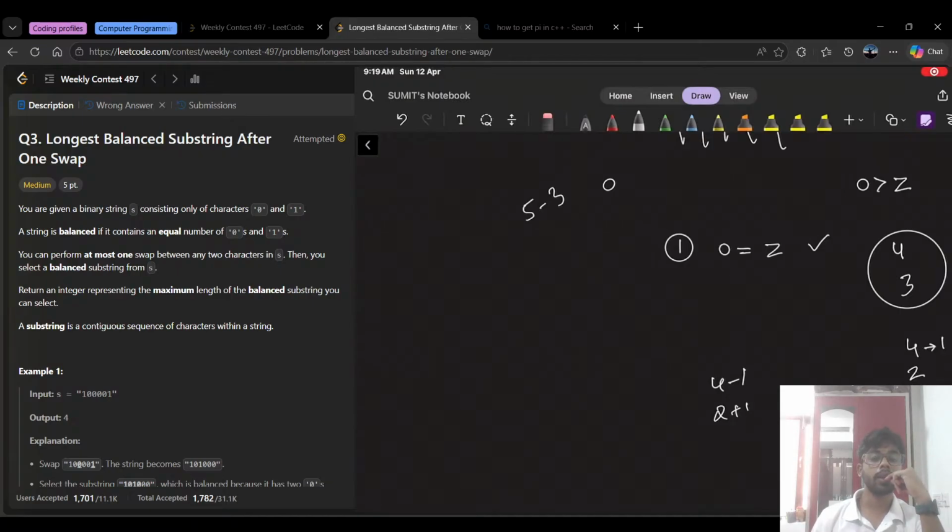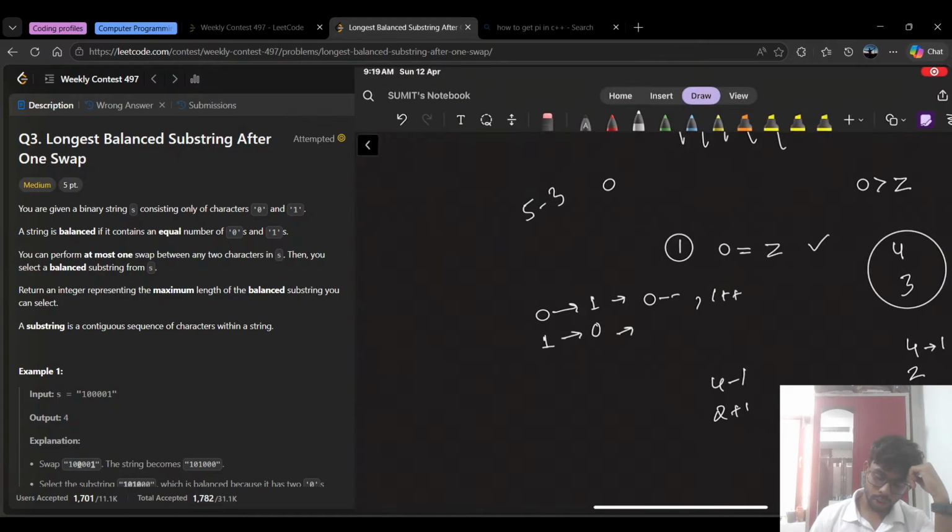One swap, either I can make 0 to 1 or 1 to 0. So when I swap, if I swap 1 with 0 or 0 with 1, right? In this case, 0 minus minus and 1 plus plus. In this case, 1 minus minus, 0 plus plus.